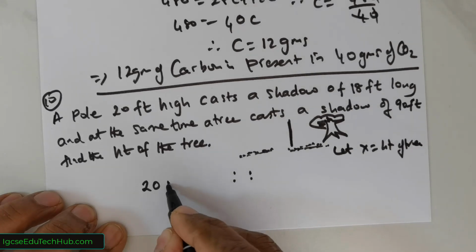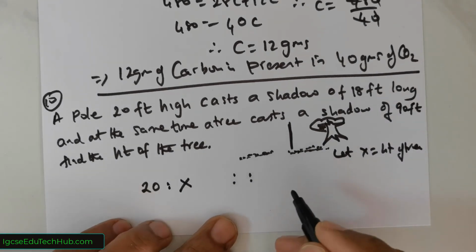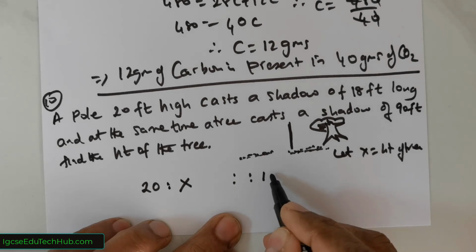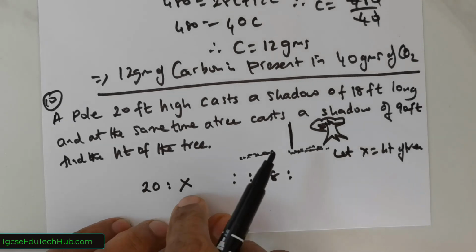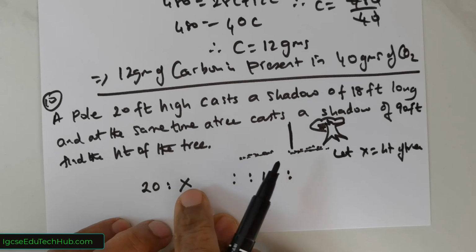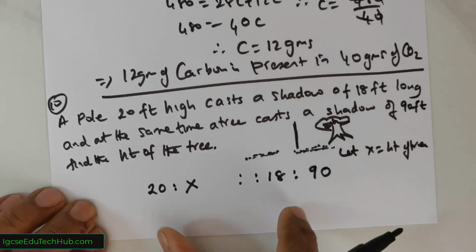So this is going to be 20 to the height required x, and this 20 is creating a shadow of 18 feet. X is creating a shadow of 90 feet. So this is the system.